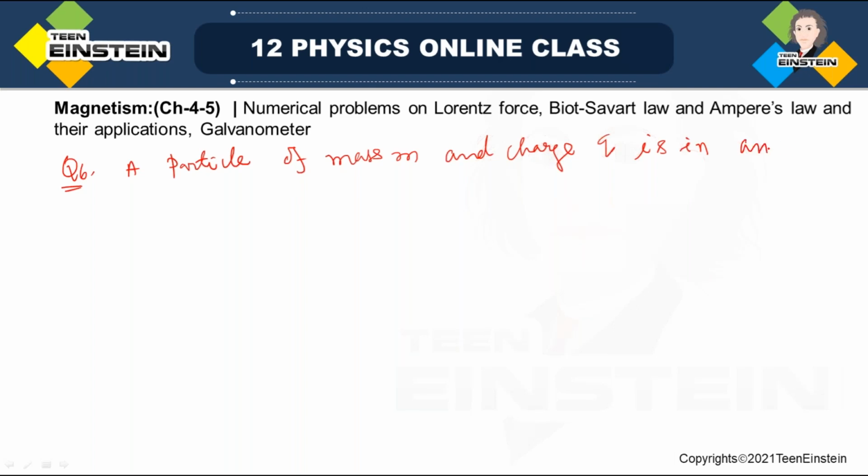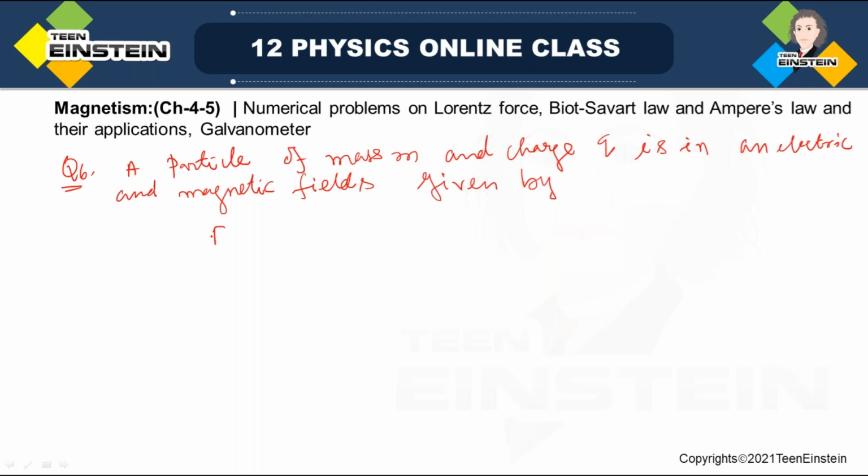Electric and magnetic field given by E is equal to 2I plus 3J.